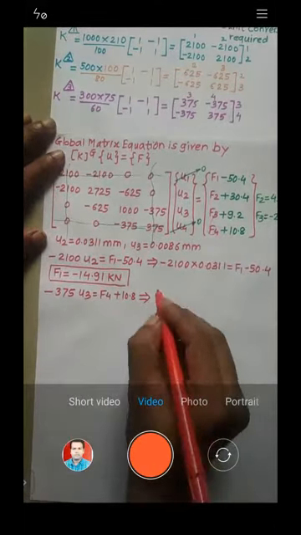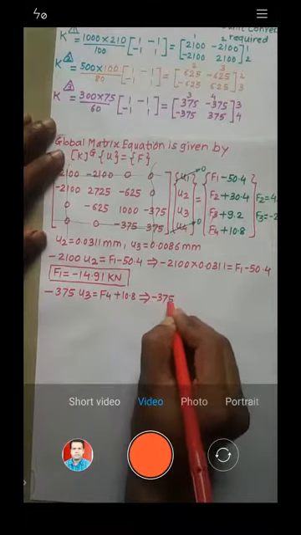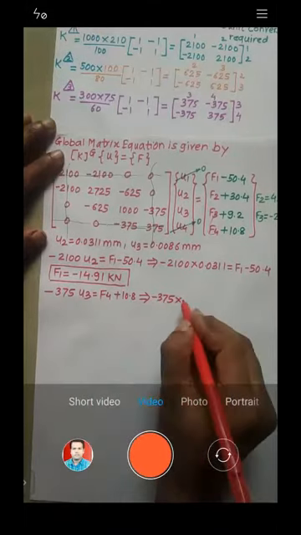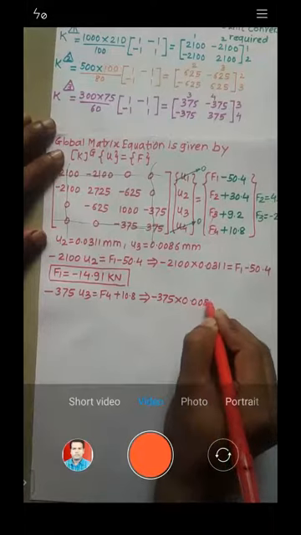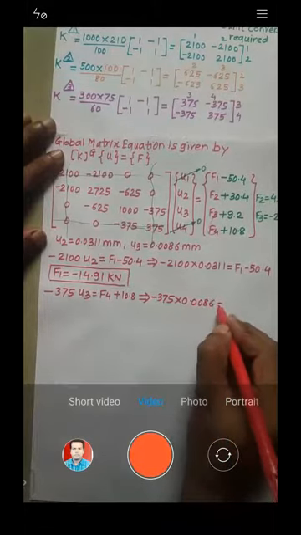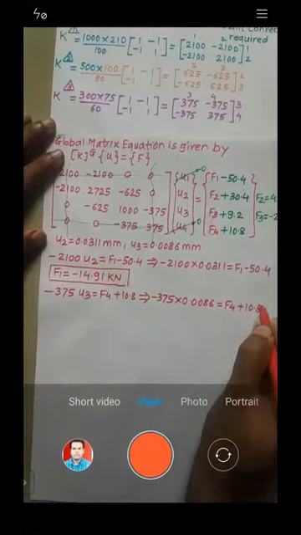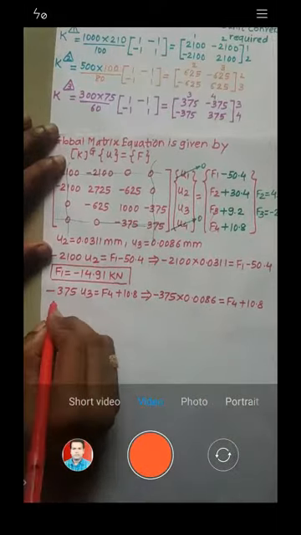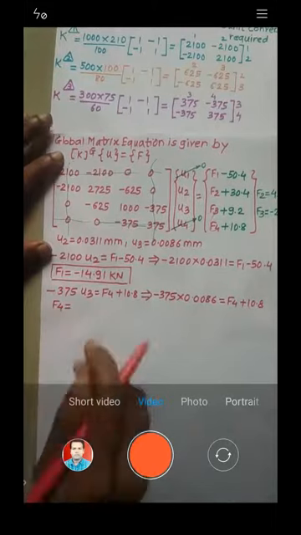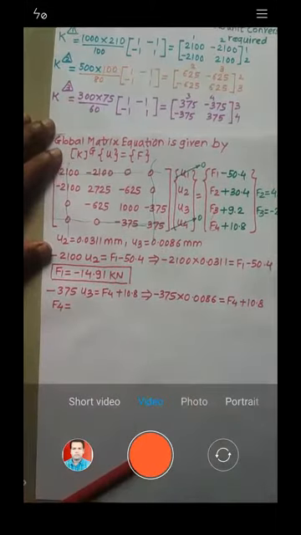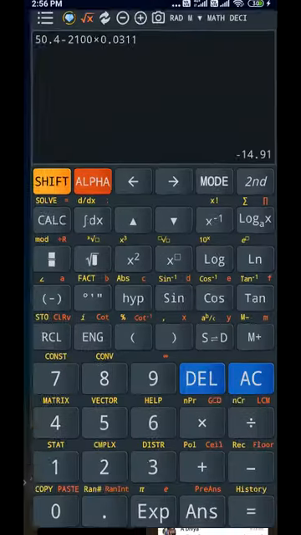So now put the value. Minus 375 into U3, which is 0.0086, is equal to F4 plus 10.8. So from that you calculate the value of F4. Just see how much we're getting for F4. Do the calculation.